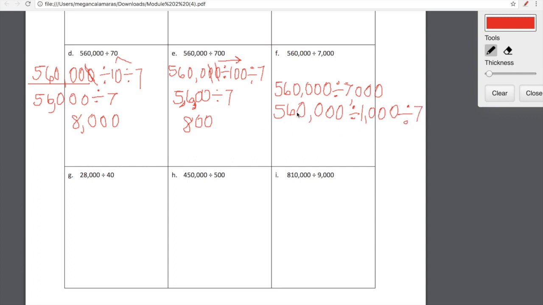When we divide 560,000 by 1,000, 560,000 is going to shift 1, 2, 3 place values to the right, which means we're going to lose 3 zeros. 560,000 divided by 1,000 is 560. Now we just have to think about 560 divided by 7. We can make this a little bit easier when we're doing this mentally and think about 56 divided by 7, which is 8, and then bring down that 0.